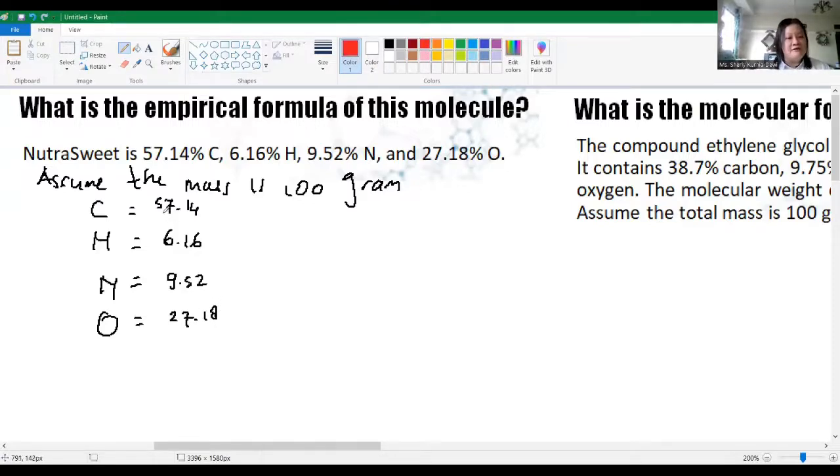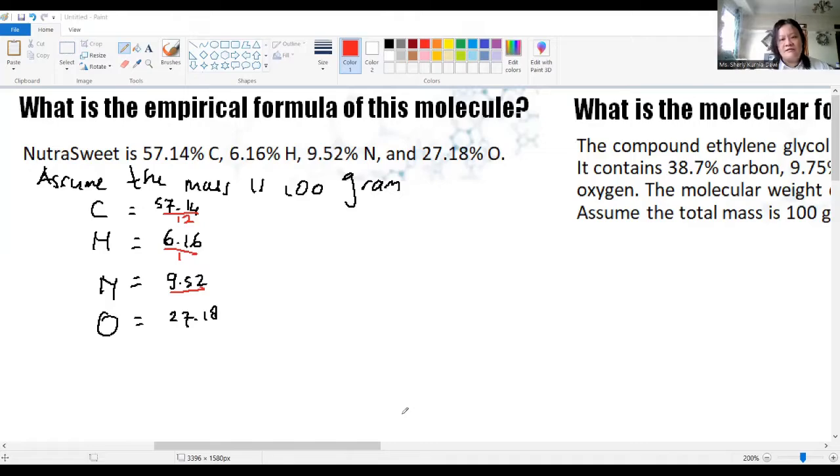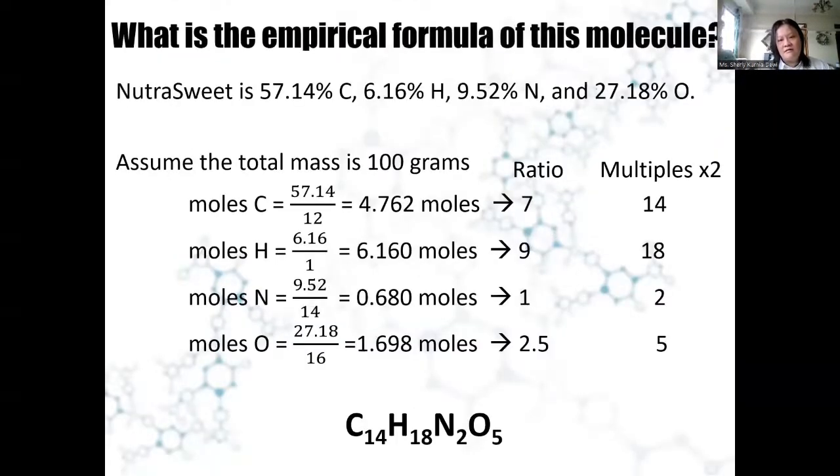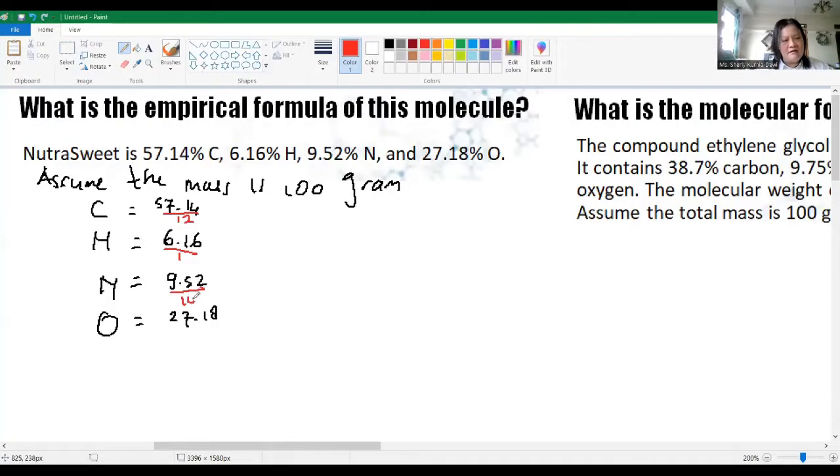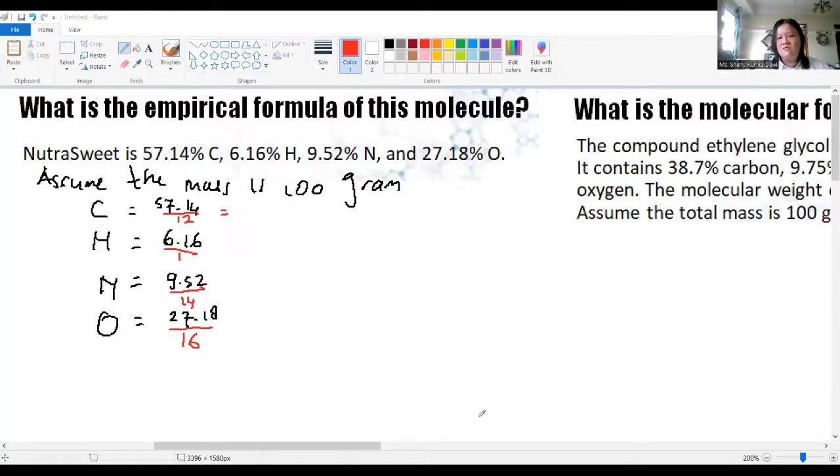And then you divide by the Ar of each atom. This one is divided by 12, this one by 1, nitrogen is 14, and oxygen is 16. Use the calculator to calculate the moles.